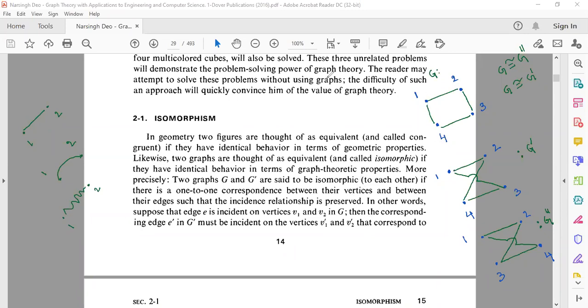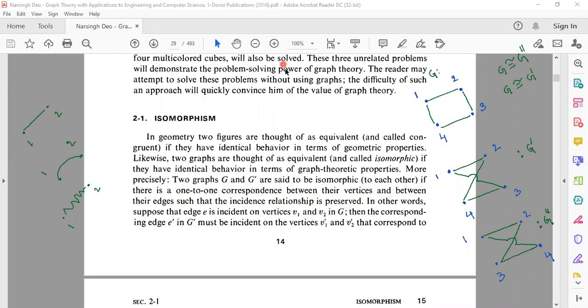Now let us try to find out what is written over here. Two graphs G and G prime are said to be isomorphic to each other if there is a one-to-one correspondence between their vertices and between their edges, such that the incidence relationship is preserved.